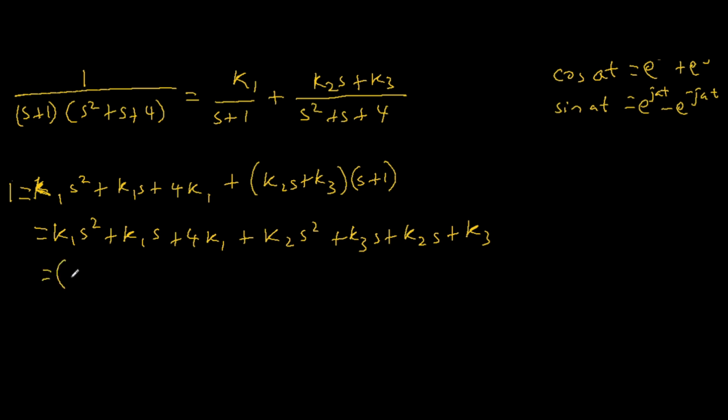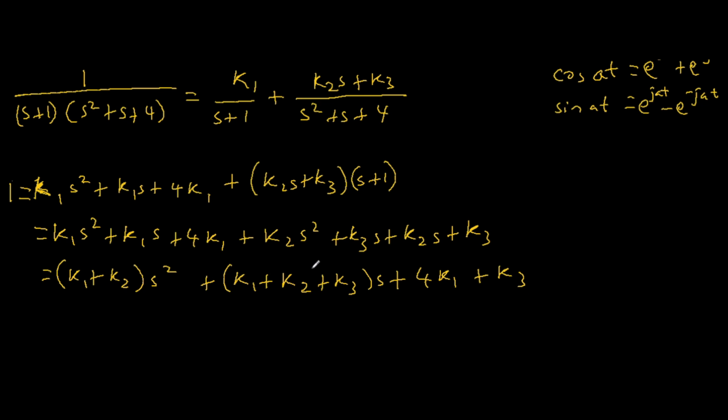This is k1 plus k2 times s squared plus k1 plus k2 plus k3 times s plus 4k1 plus k3. Is there any term left out? Okay, and all of this is equal to 1.